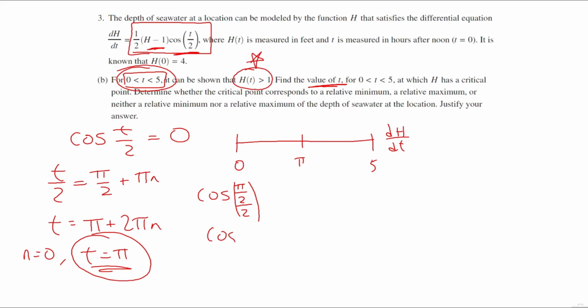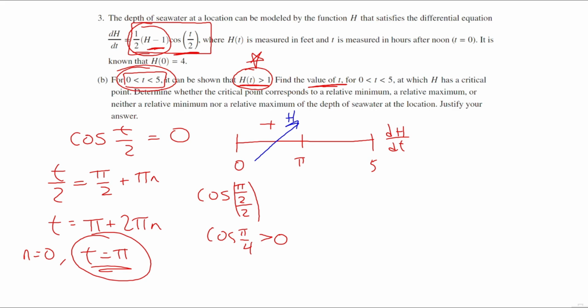Which is the cosine of pi over 4, which we know is greater than 0. And we also know that 1/2 of H minus 1 is greater than 0 because we know that H is greater than 1. So we know that on this interval, dH dt is positive, which tells us that the H of t function is increasing on that interval.